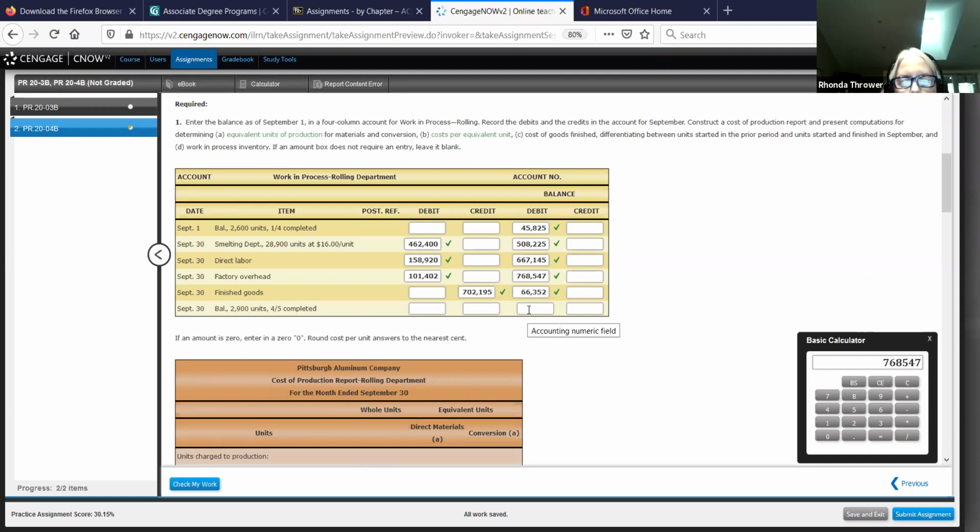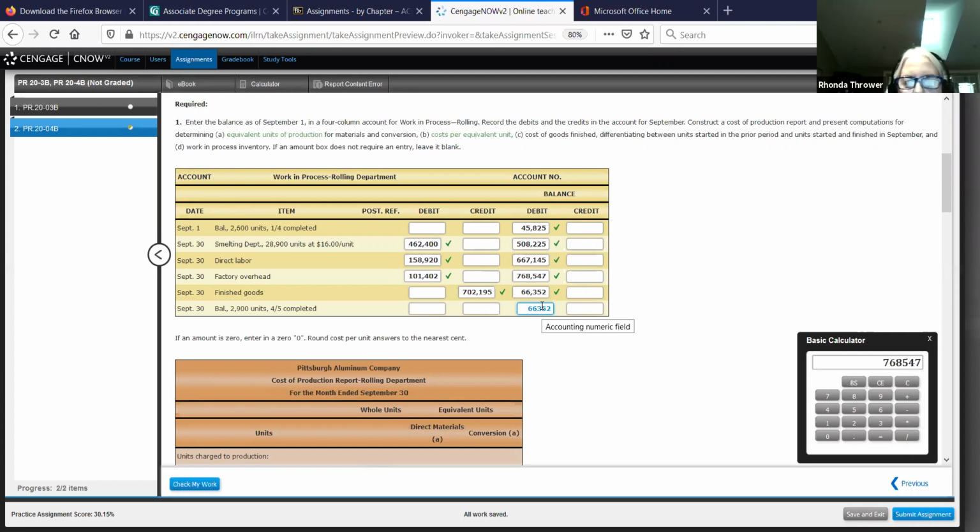And I think they wanted to emphasize to you that the ending balance here is going to go forward into the new accounting period. And that ending balance will be 66,352.